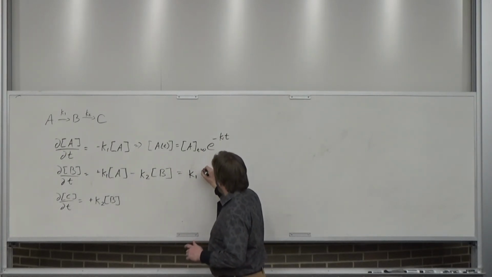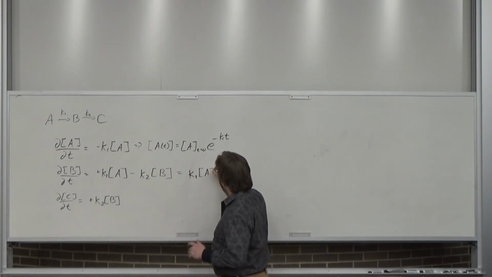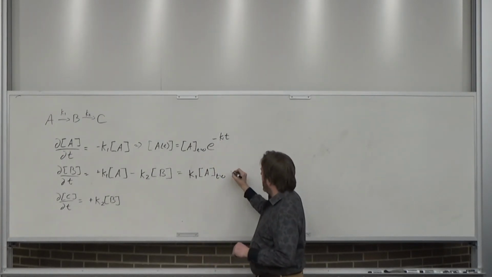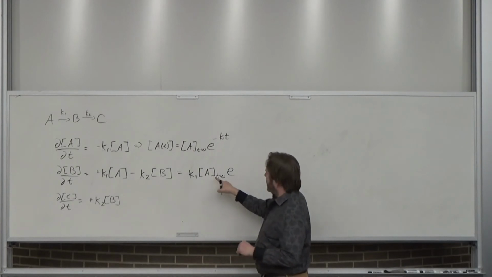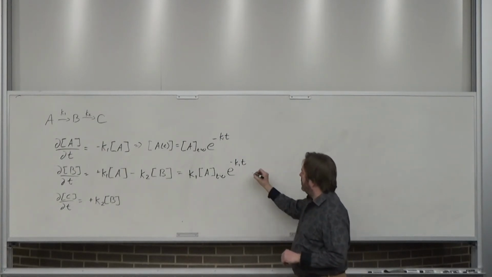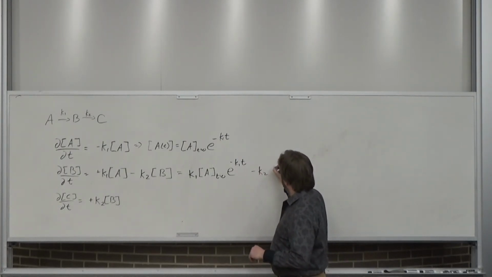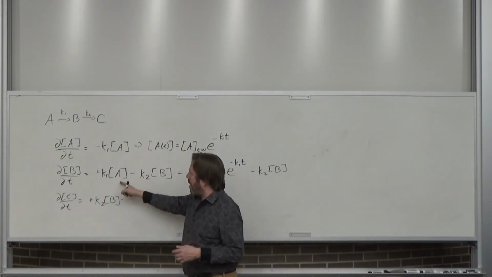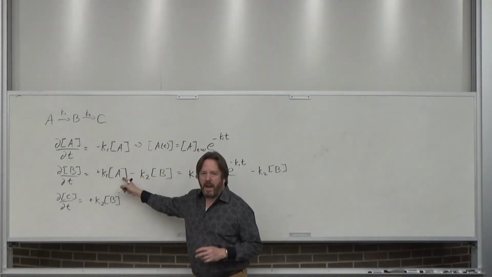Now, I'm saying all that because I actually already know the expression for A as a function of time. It's e to the minus k1t times the initial concentration. Now remember, is this A at time 0 or A at time t?